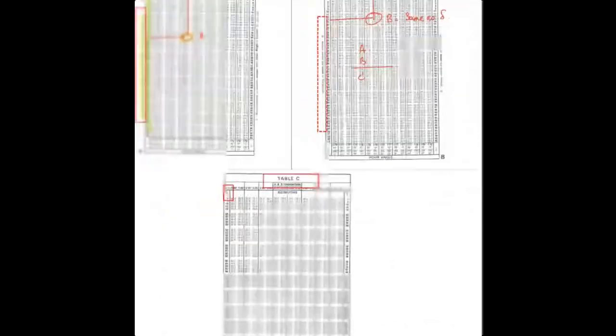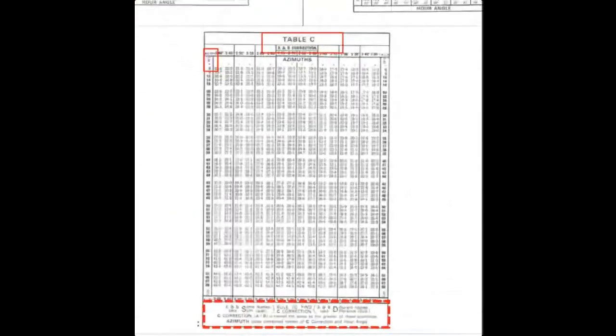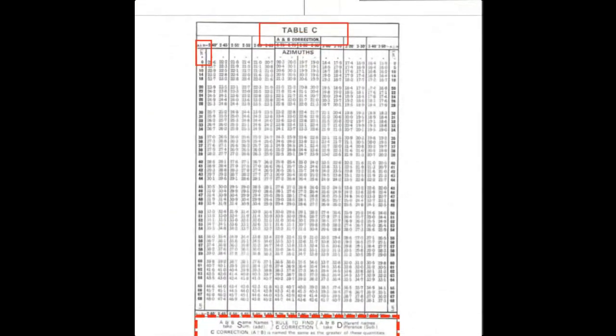And then we go to table C, where you find an example page on this slide. Table C is in function of the C value and of your latitude.